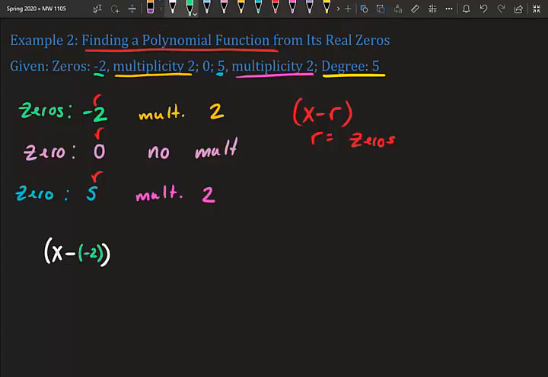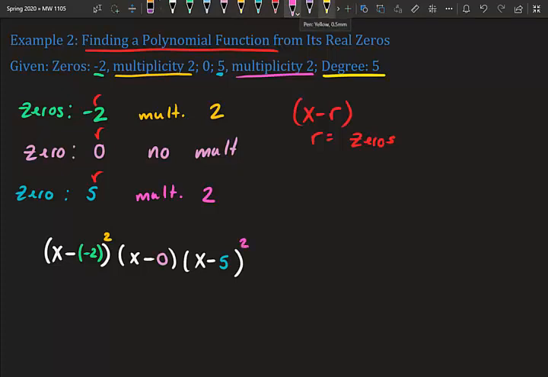We'll talk about multiplicity in a second. We have our next one, x minus r, which is 0. And then x minus r, which is 5. The multiplicity is the little exponent that goes on top. Our first one has a multiplicity of 2, so it goes here. The middle one has no multiplicity, and our last one has a multiplicity of 2.